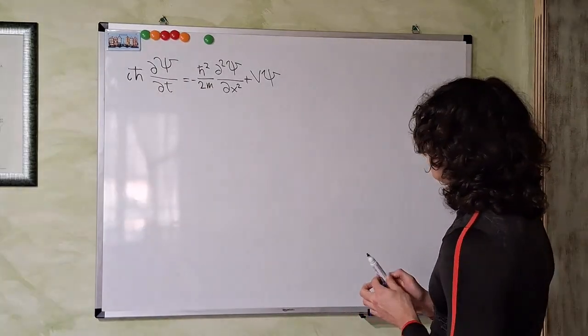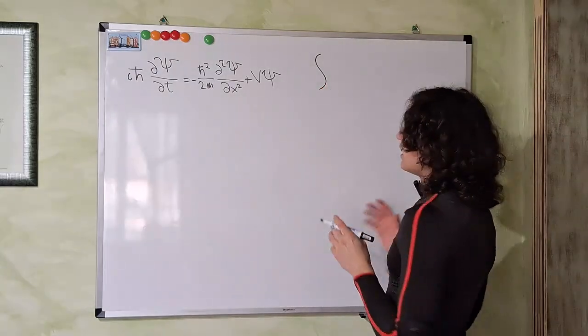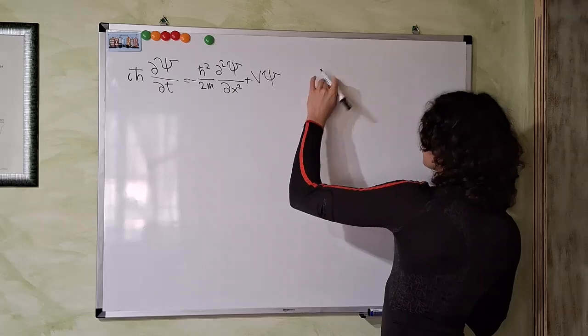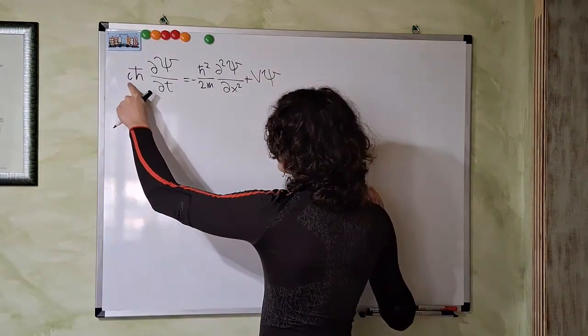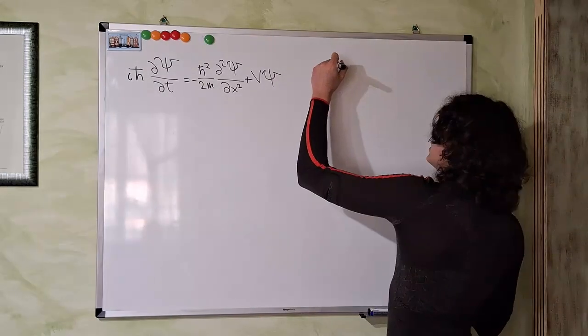And the interpretation of this wave function is its modulus squared, because psi is also complex. As you can see, here is the imaginary unit, so this is a complex differential equation.